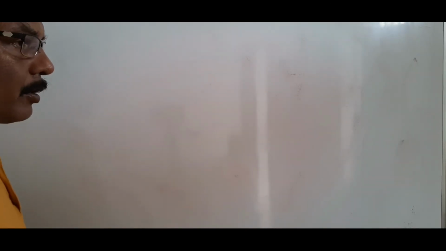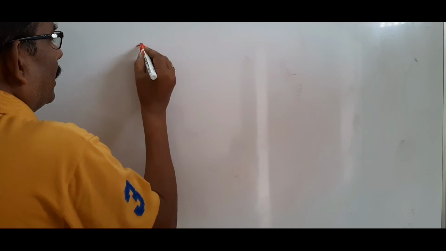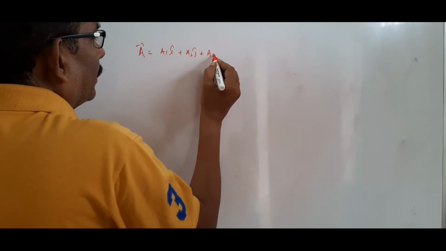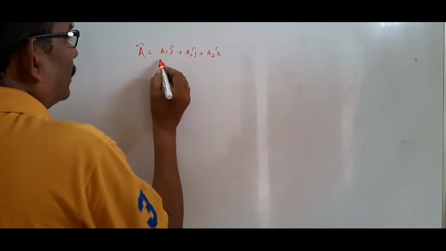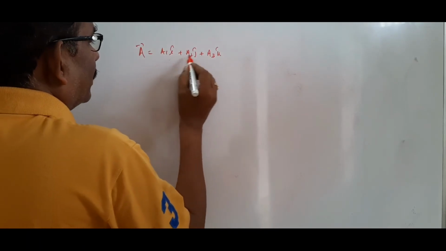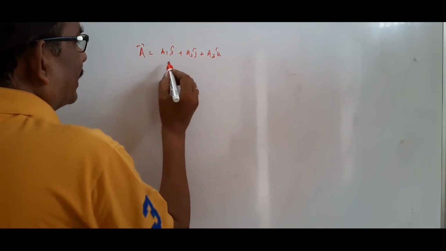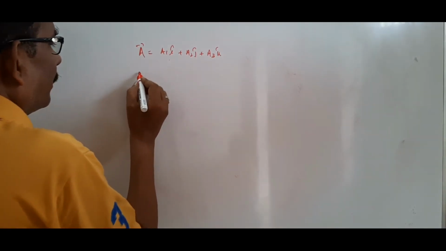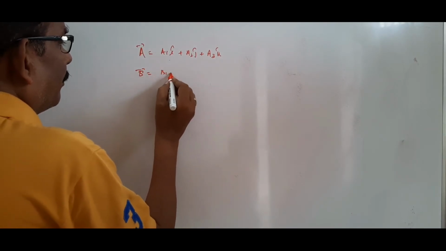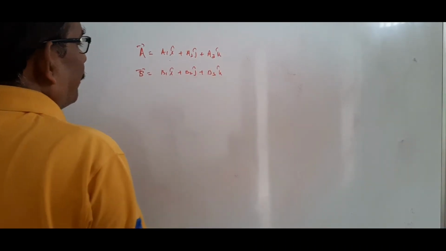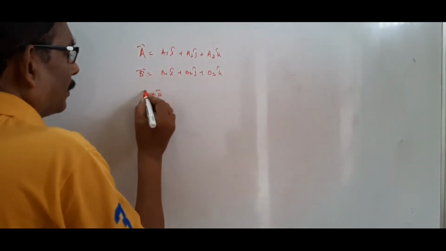Now, how to find out the product of two vectors? Let A equal A1 I cap plus A2 J cap plus A3 K cap. These are the unit vectors I, J, K along the x axis, y axis, z axis, and A1, A2, A3 are the magnitudes along the x, y, z axes of the given vector A. Take B as B1 I cap plus B2 J cap plus B3 K cap. A cross B gives you a new vector.